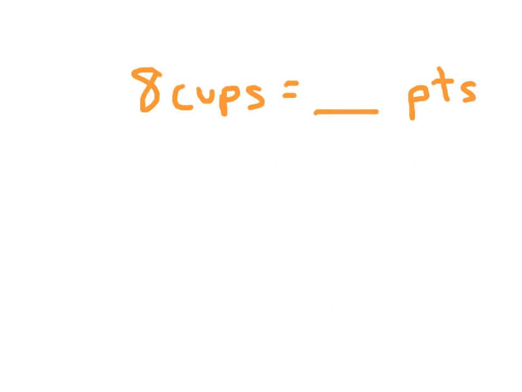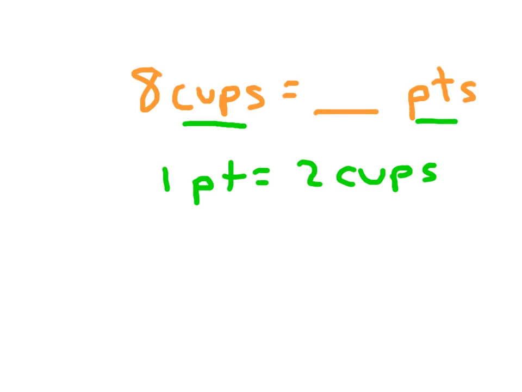Here's a common type of problem that we might receive, where it says 8 cups equals how many pints? So what we're going to do is write down the equation that we're going to use, that 1 pint equals 2 cups. So if 1 pint equals 2 cups, I'm going from something smaller to something bigger.